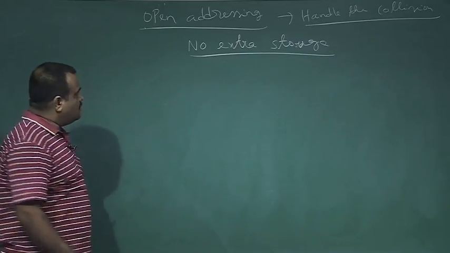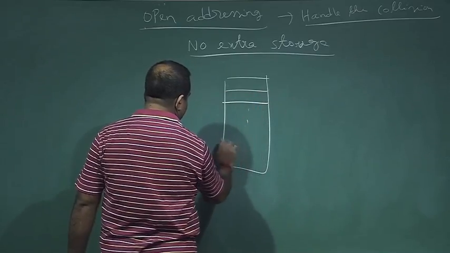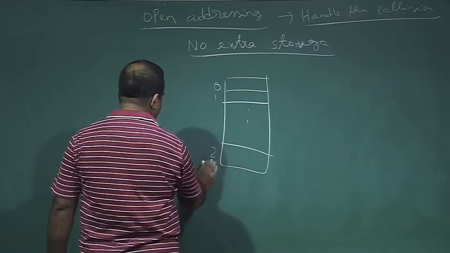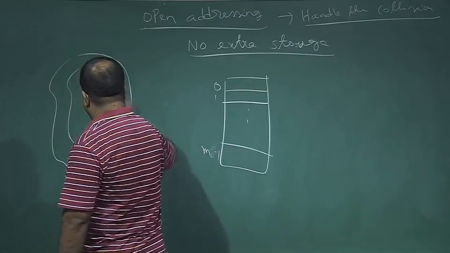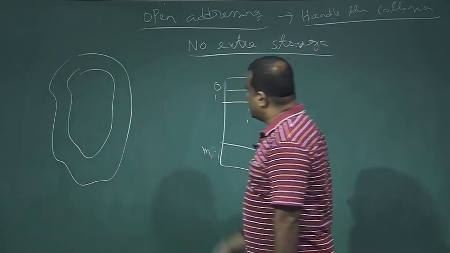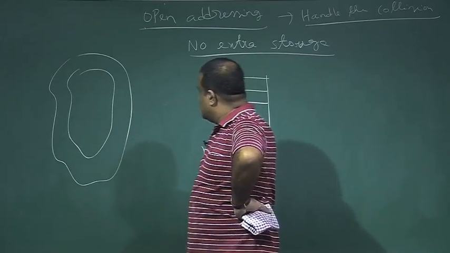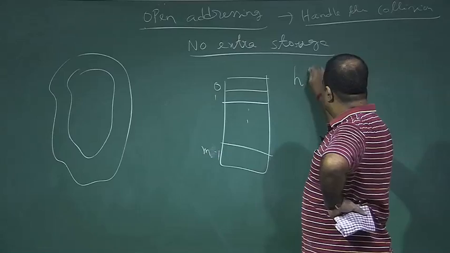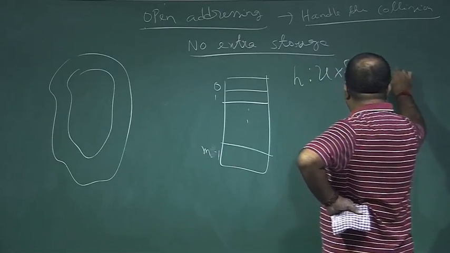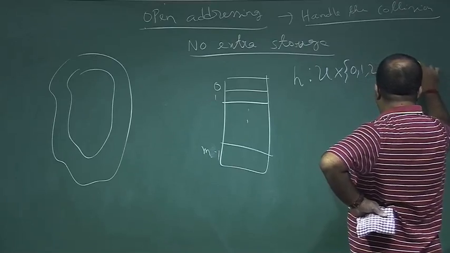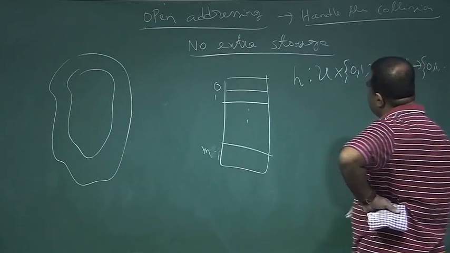Here we have a table of size m, indexed up to m minus 1, and say we have k many hash functions and n keys. Our hash function is basically a family of hash functions.